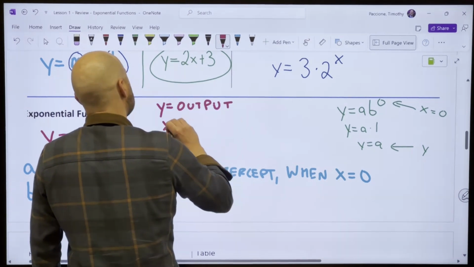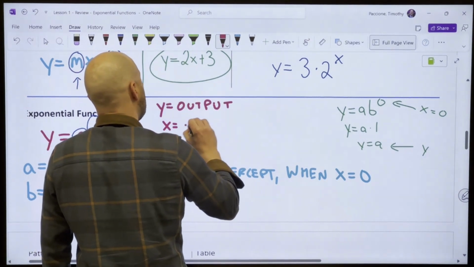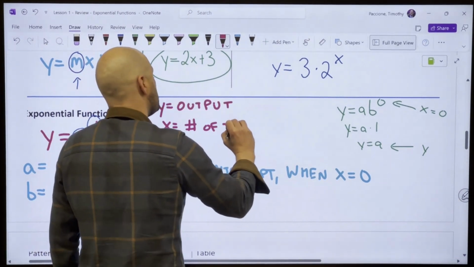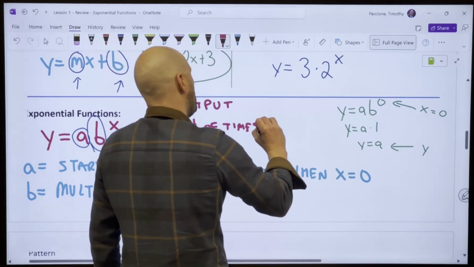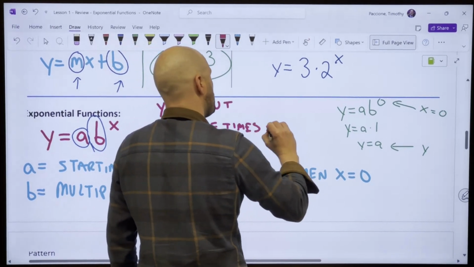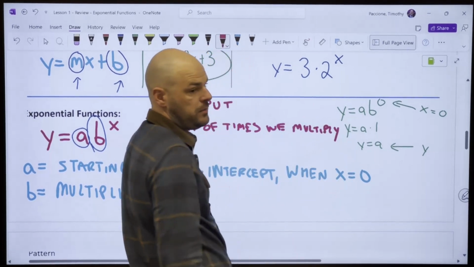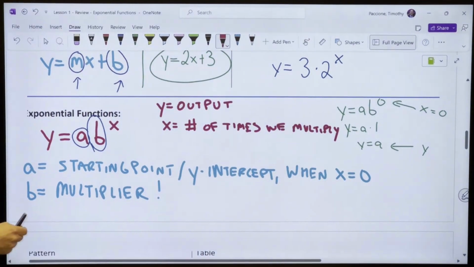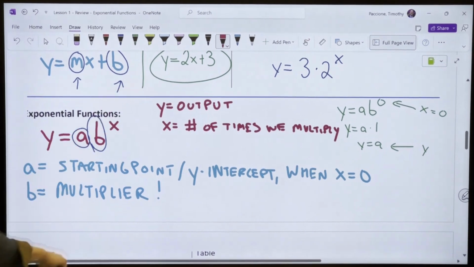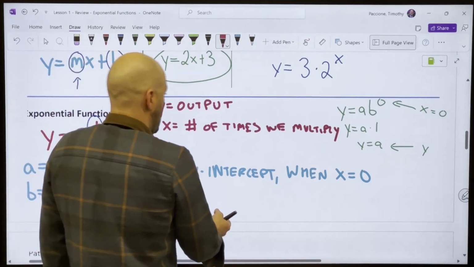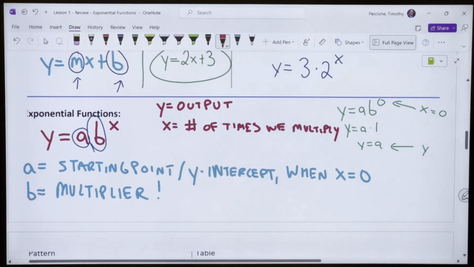And our x is not just our input, it's also the number of times we multiply. If I raise it to the third power, that's because I'm multiplying by 2, 3 times.